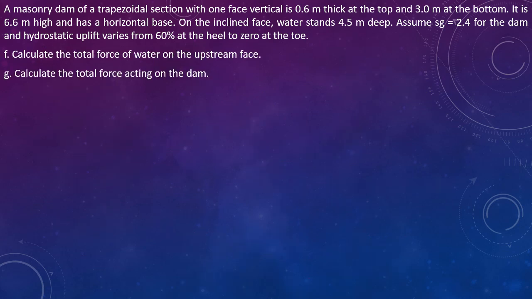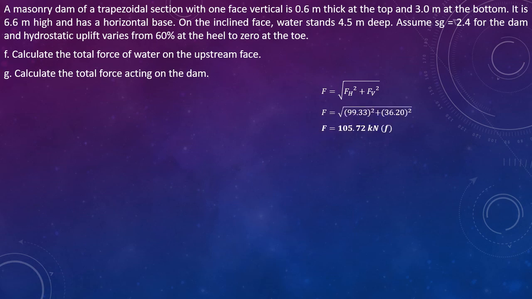For F and G, we need to calculate the total force of water on the upstream face and the total force acting on the dam. For the total force of water on the upstream face, that is simply the resultant or total hydrostatic force, which is the square root of Fh squared plus Fv squared.